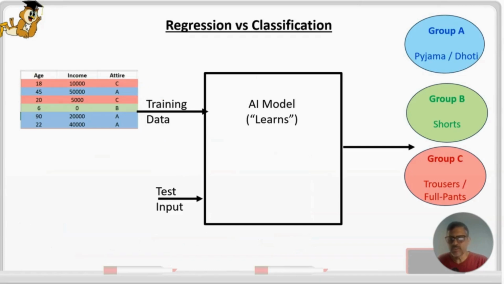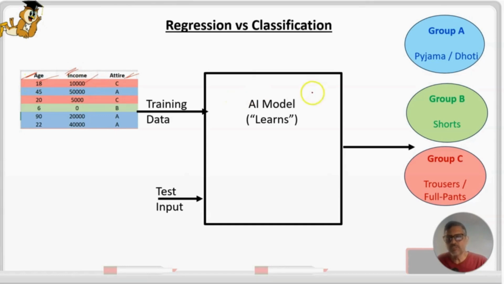This is what we were doing in our classification case. We had training data, and the input variables were age and income, and we wanted to predict the attire, or what these men would be wearing, based on their age and income.